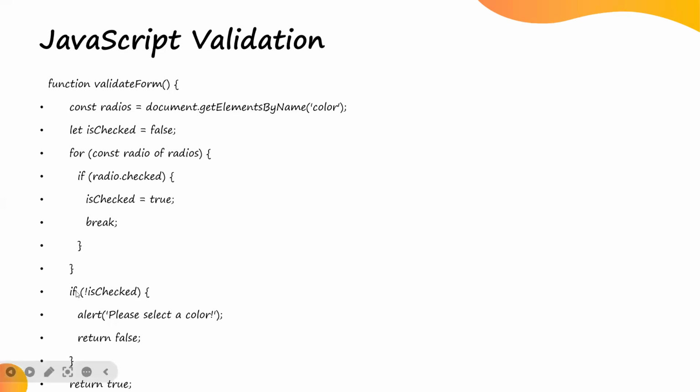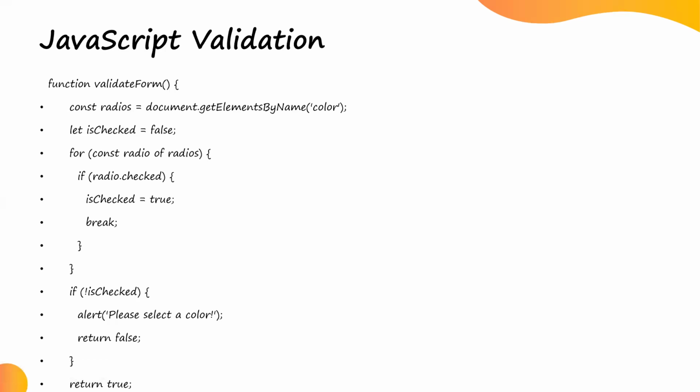If not checked, we are alerting. This is just JavaScript. We are looping through all of them, and once we get just one that is checked, we are okay with it.